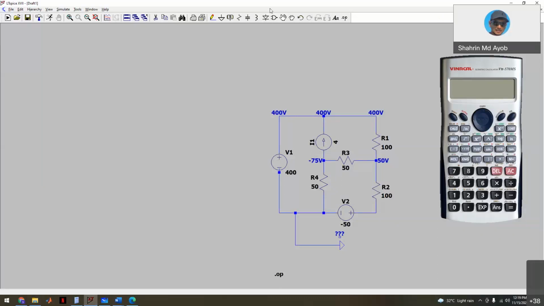This is the circuit, so just show me the node voltage. Because from here you cannot show the current, for example, the current flowing through R3. So just show the node voltage.